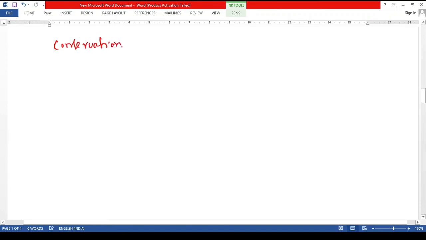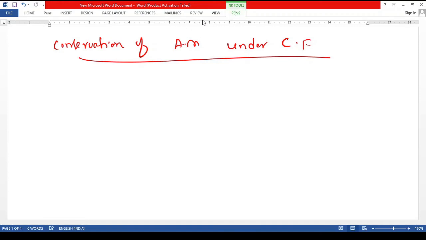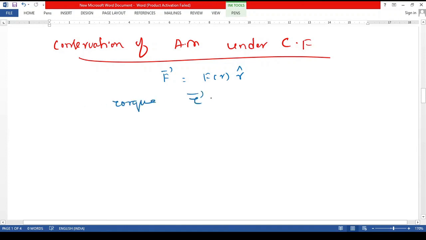Conservation of angular momentum under central force. Let us consider the central force. The central force can be represented as F equal to F of r into r cap, and the torque tau vector is the cross product of r and F vector.